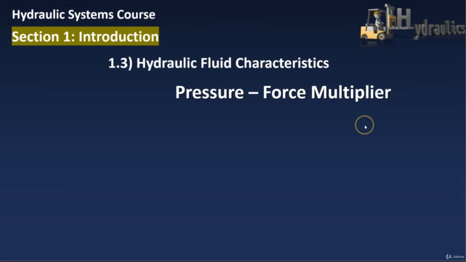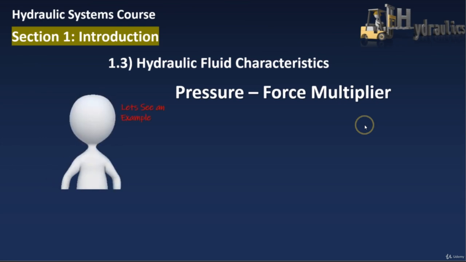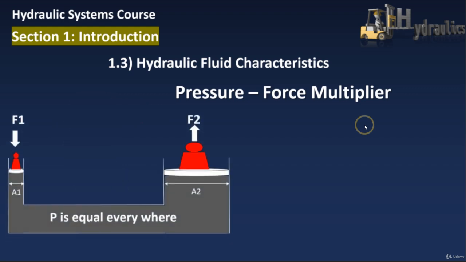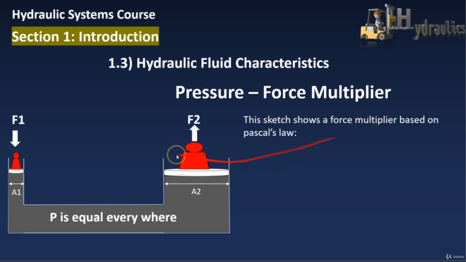When we talk about force multiplier, let's see an example or a sketch to give a better explanation. This sketch shows a force multiplier based on Pascal's law. The force multiplier is a closed vessel having different movable pistons positioned at each end. As you can see here, I have a small piston and a bigger piston, both of them having different areas.